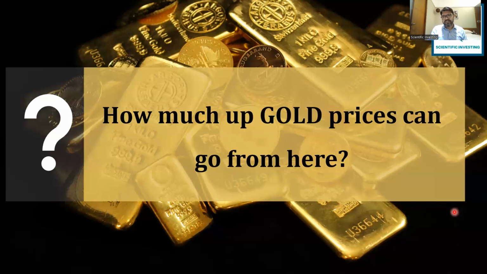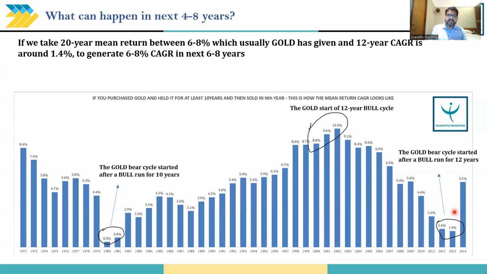Now, let us say if this plays out, the question is how much gold prices can go up, and different people have different ways of coming up with numbers. Somebody comes with charts and draws lines. So if we look at history and all this data, we know gold CAGR has been somewhere between 6 to 8% after all this analysis.